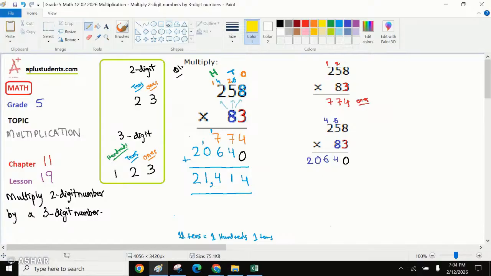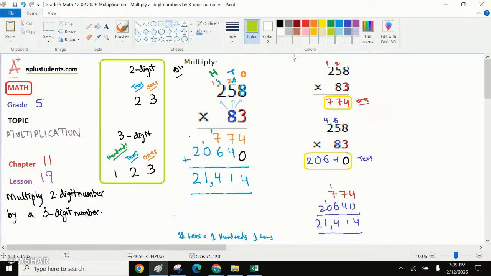And we simply add these two numbers together. This was the tens part. So when we add, 774 plus 20640, we carry 1, and we get the same answer.